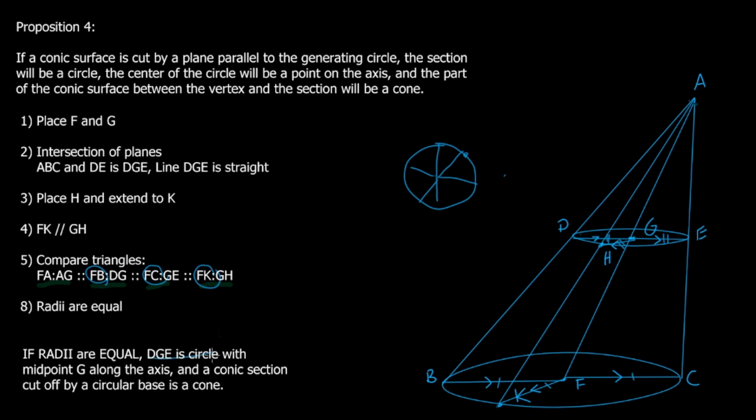So DGE is a circle with the midpoint G along the axis. And we know by definition of a cone that if a conic section is cut off by a circular base, and its center is along the axis, then that part of the conic section is a cone. So QED.